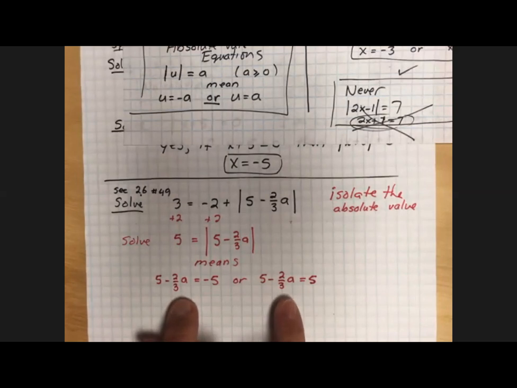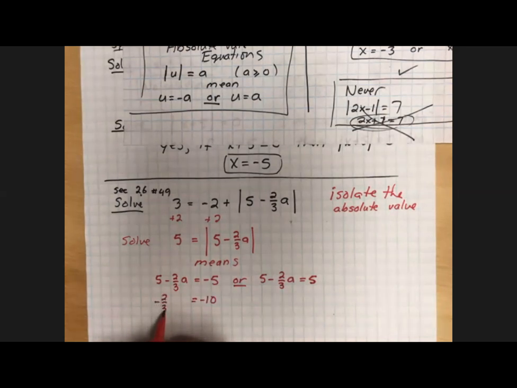Now I've got it down to smaller problems. Okay, there's a fraction here, but I'll survive. Let's do this. Subtract 5 from both sides. And we met this the other day. I could say divide by minus 2/3.